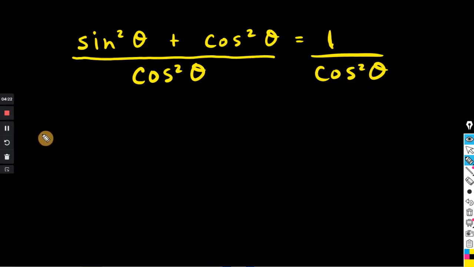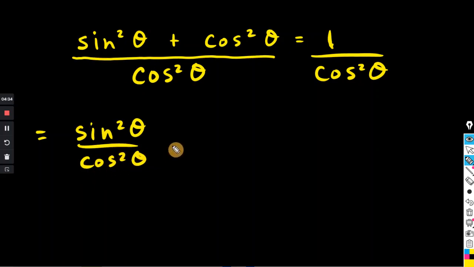So right here, we have sine over cosine. And right here we have cosine squared over cosine squared. That's just 1. And this is 1 over cosine squared.